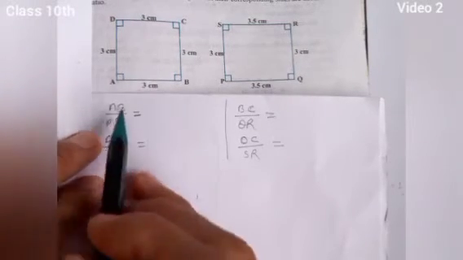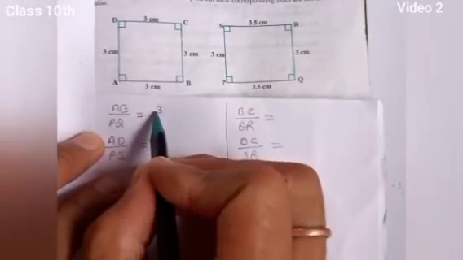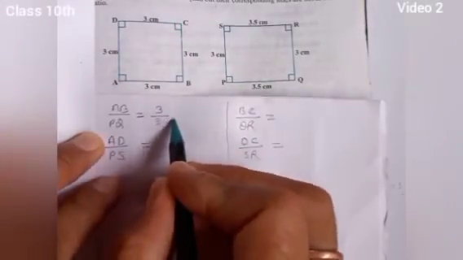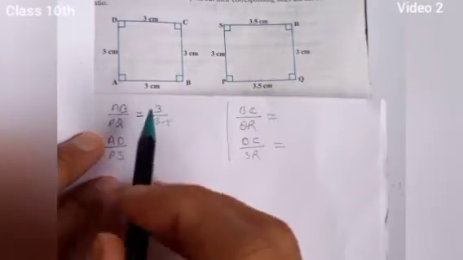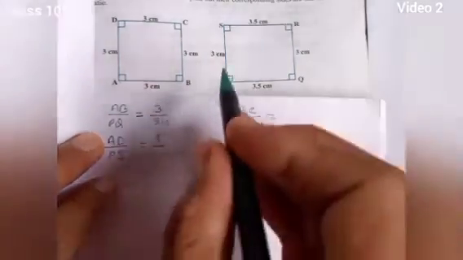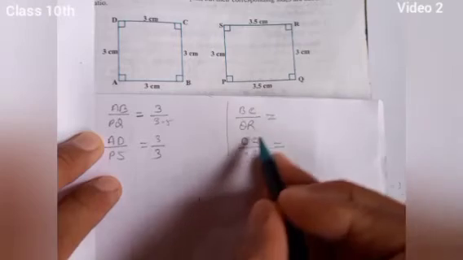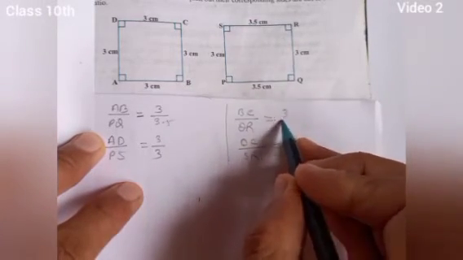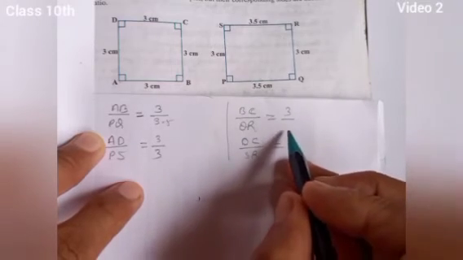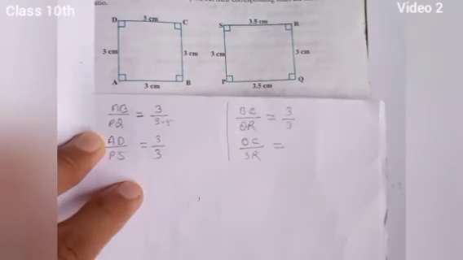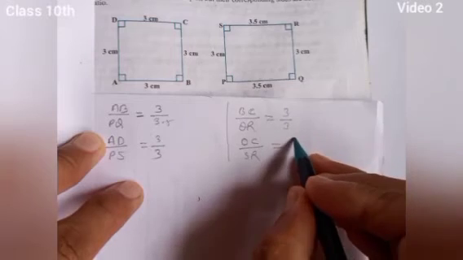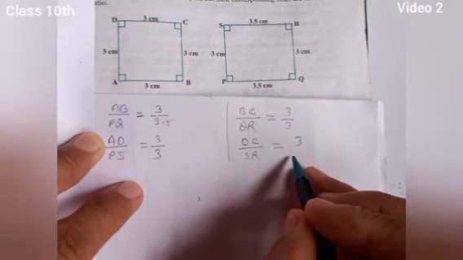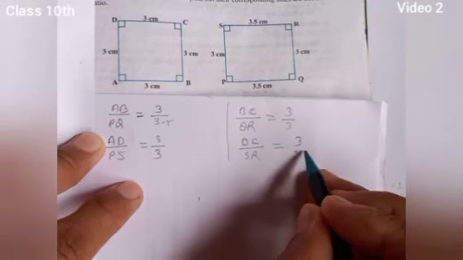Okay students, now check AB. AB is 3 and PQ is 3.5. Then AD is 3, PS is 3, and then BC is 3 and QR is again 3. Then DC is 3 and SR is 3.5.